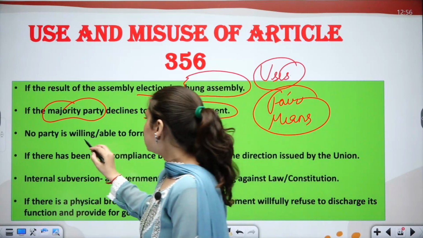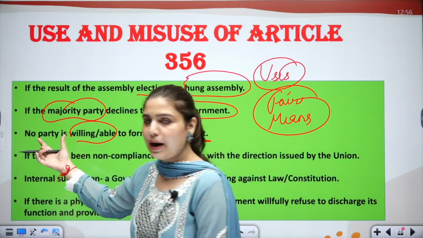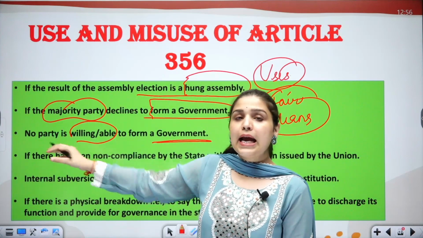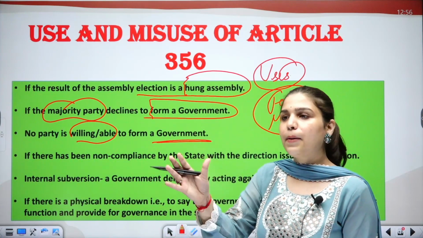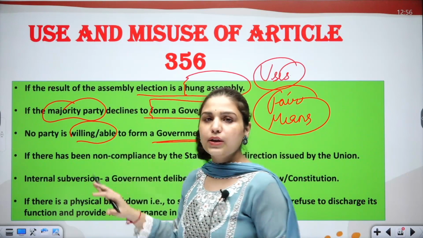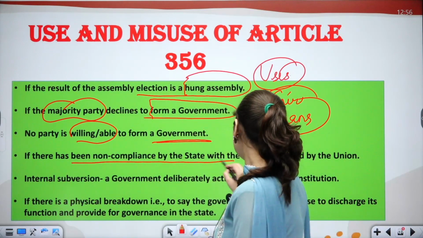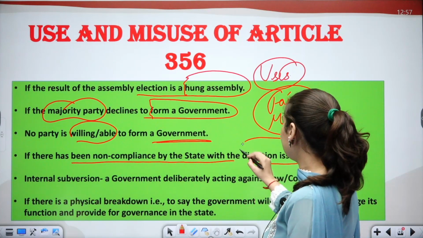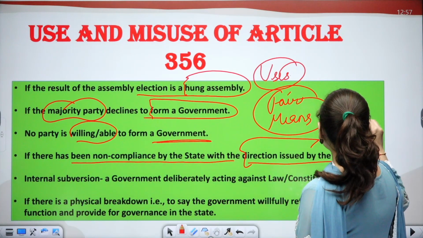Third is no party is willing or able to form a government. Even if a party has a majority, and they just decline, saying we don't want to form a government, or any other party doesn't come forward, president rule can be imposed. Fourth is non-compliance by the state with the directions issued by the Union, which we have seen under Article 365.